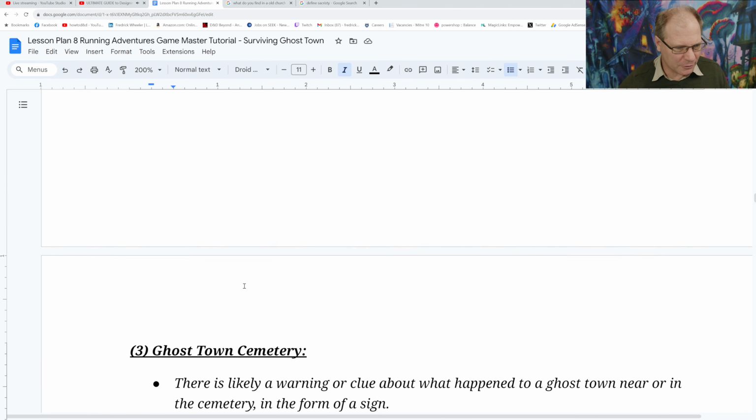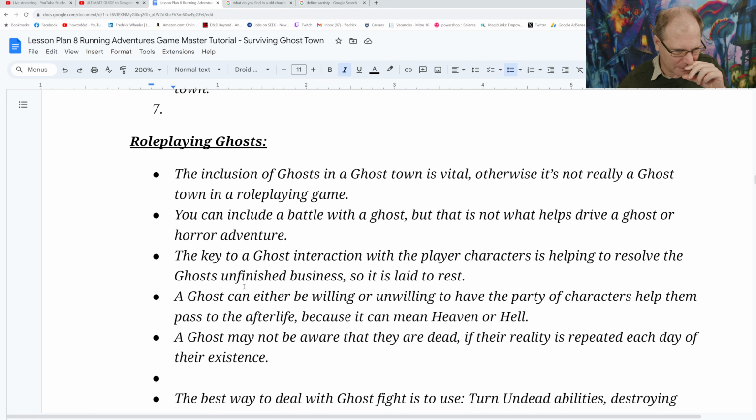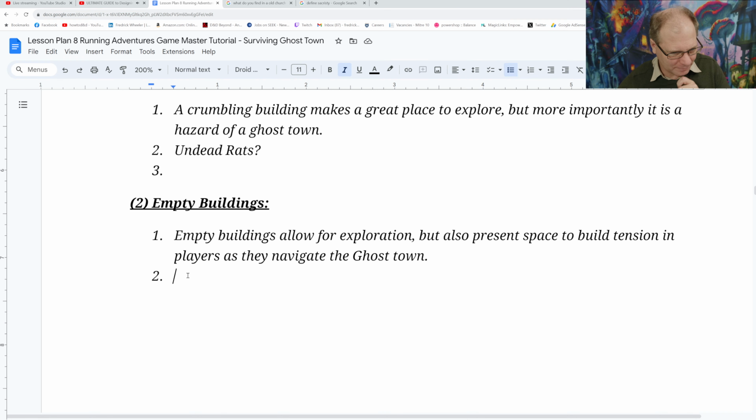So, let's move on to our next thing. It's a crumbling building, an empty building. Of course, there won't be anything in the empty building. This location has no furniture or items to find.